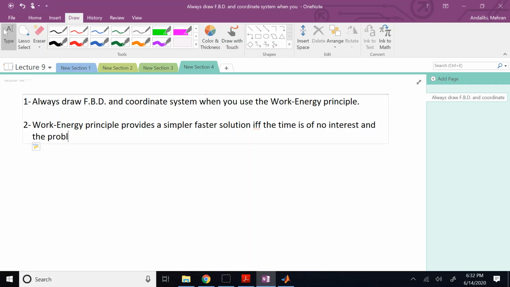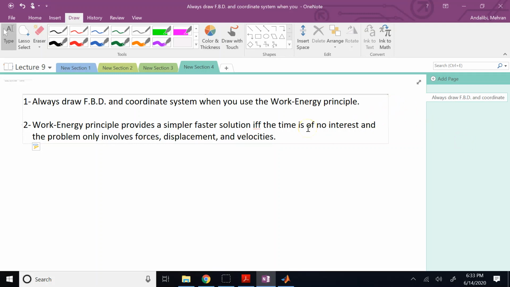And the problem only involves forces, displacements, and velocities. Okay, so if all the parameters involved are forces, displacements, and velocities, and there is no time, then you can definitely go with work energy.